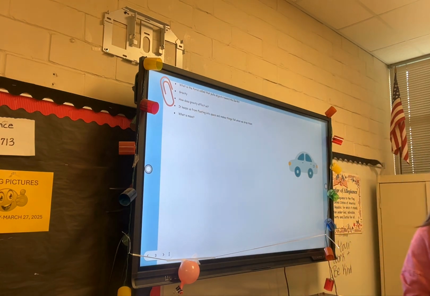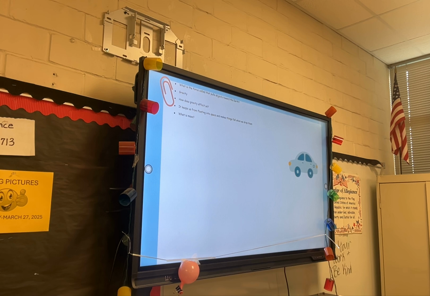So what is mass? Remember, mass is a fancy word for, yes, Brayden? Weight. So if something has a lot of mass, that means it's going to have a lot of, everybody tell me, weight, or a lot of gravity. So the bigger the object, the more gravity it has, the more it can pull something.